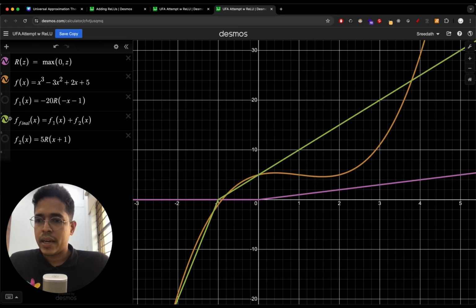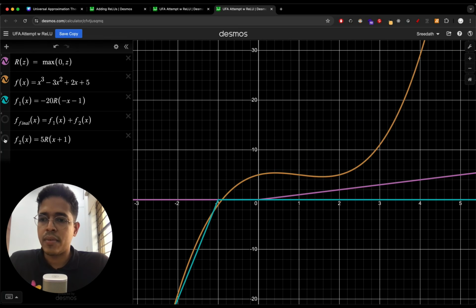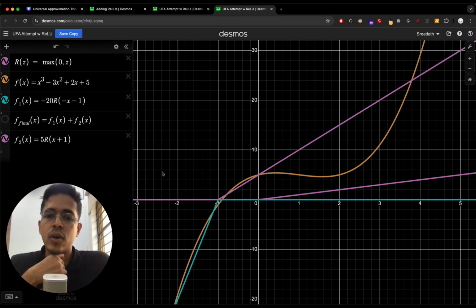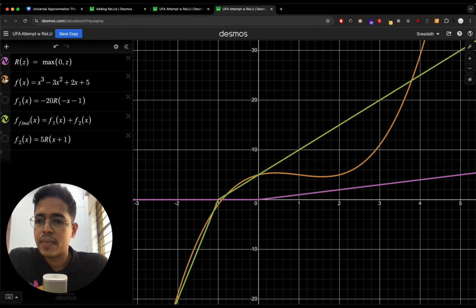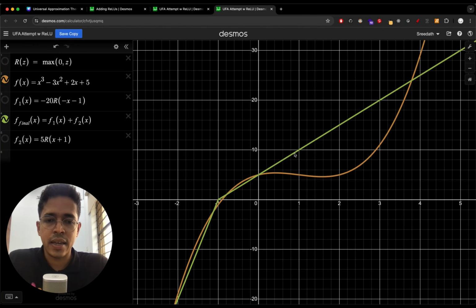Okay, now let's come back to our business. If we just look at the function, now our next transition is happening at x equal to 0, right? So the final f is looking something like this.